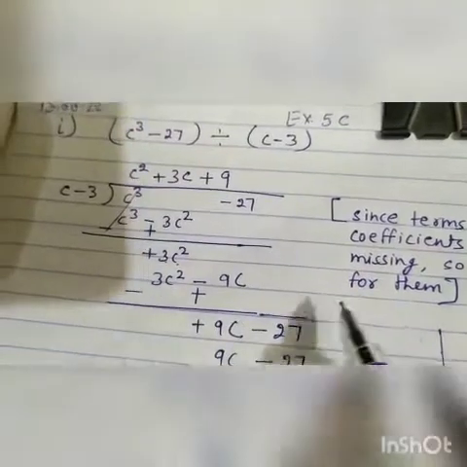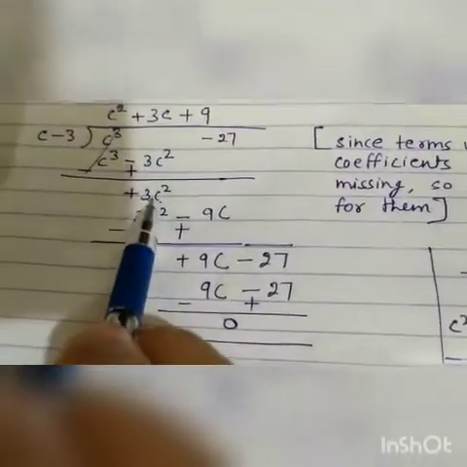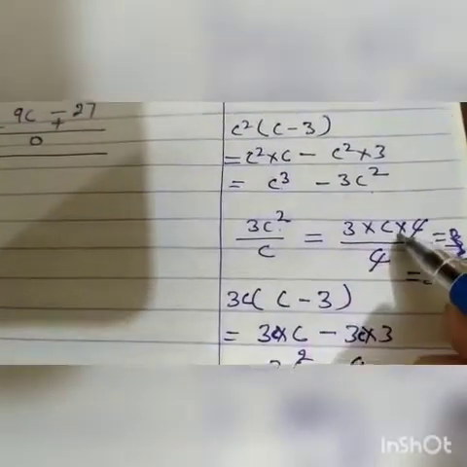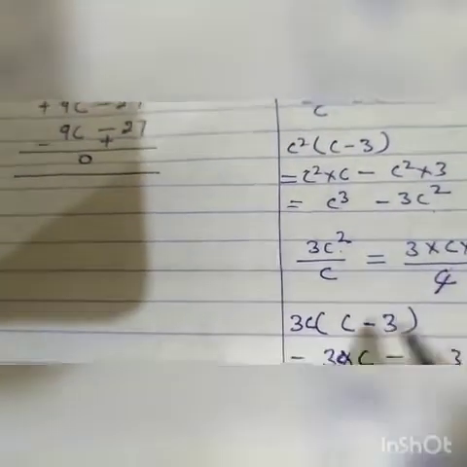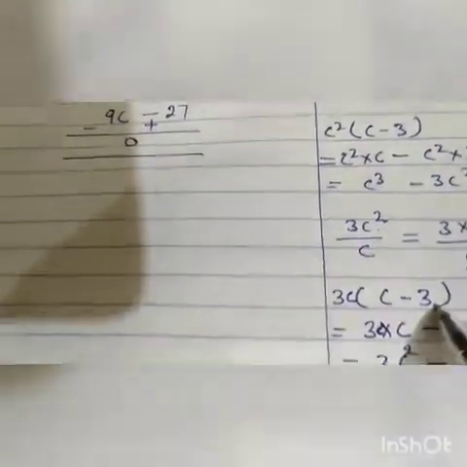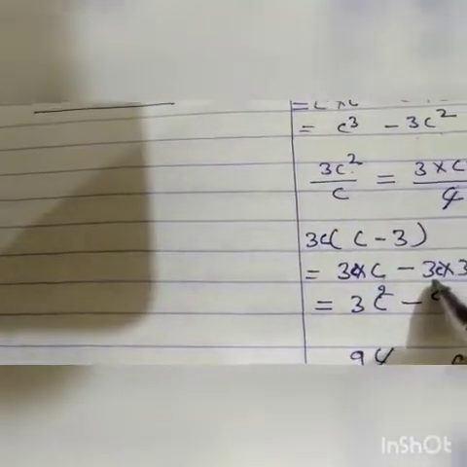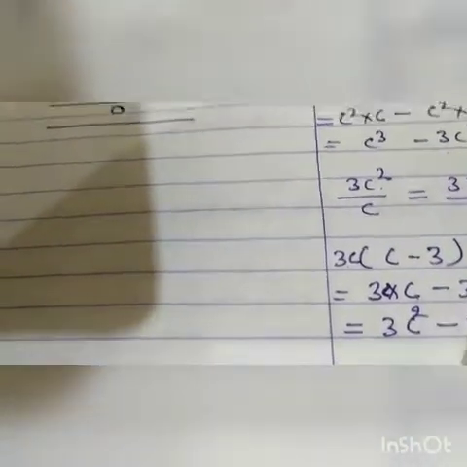Now 3c square upon this c. 3c square means 3 multiplied by c upon c. C cancel, 3c left. Now 3c multiplied by c minus 3. So 3c multiplied by c, minus 3c multiplied by 3. It will be 3c square minus 9c.